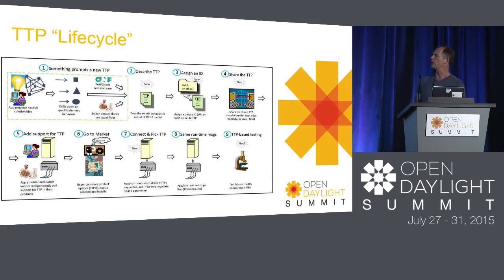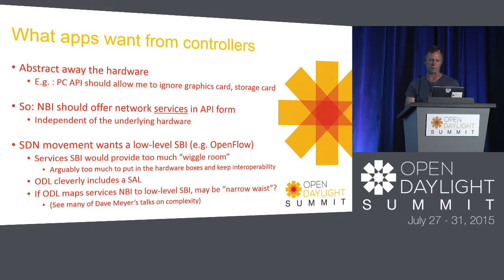And you create the TTP and you share it with others so that they know how to use that interface. They can use the interface to control a particular device, or they can say, well, I'll support that interface in order to support a particular use case. And every TTP has a unique name, so they're useful for interoperability and for market conversations and so on. The way things have unfolded, it doesn't exactly match this picture. We'll share a little bit more about that coming up.